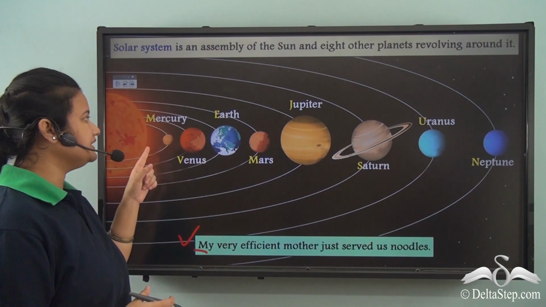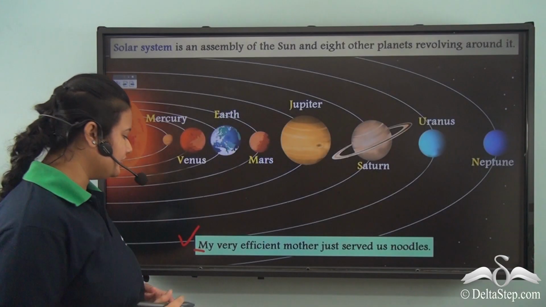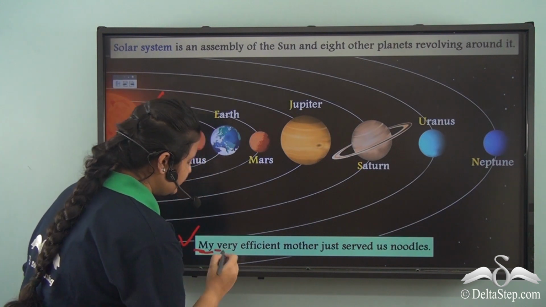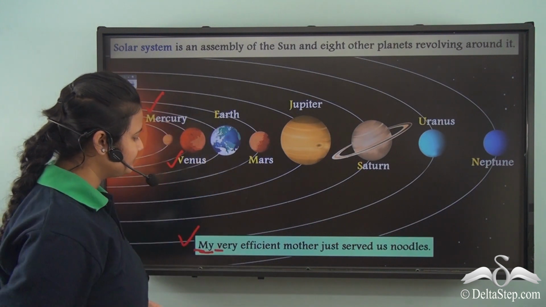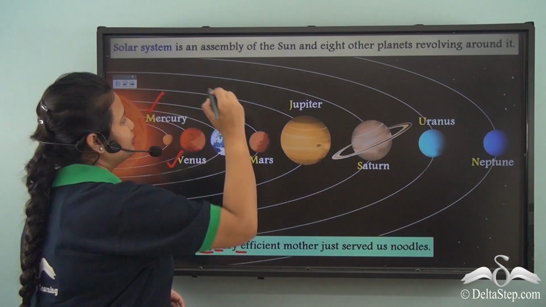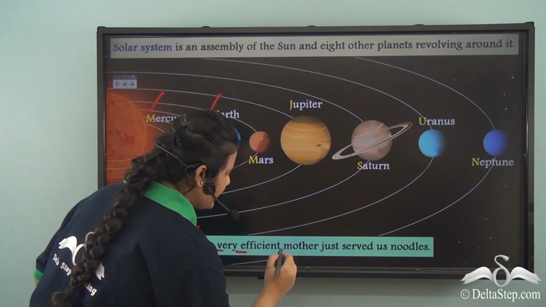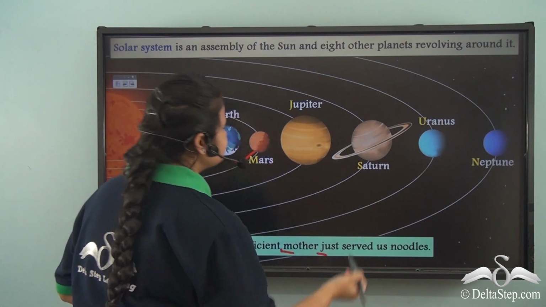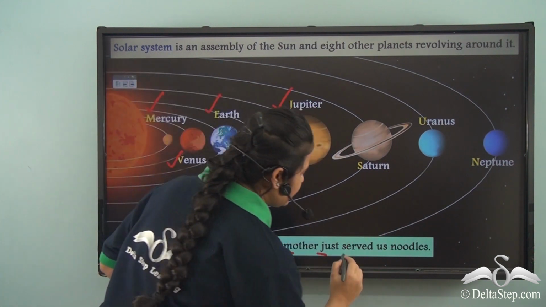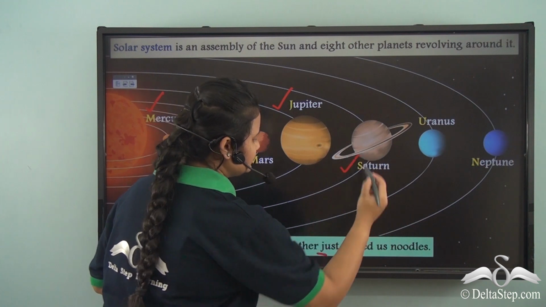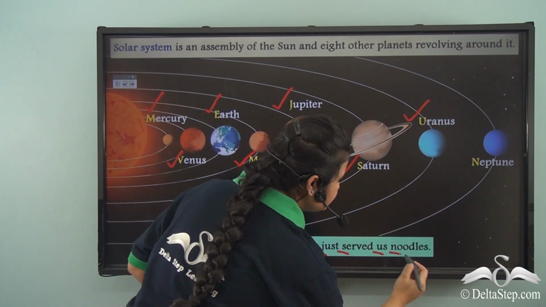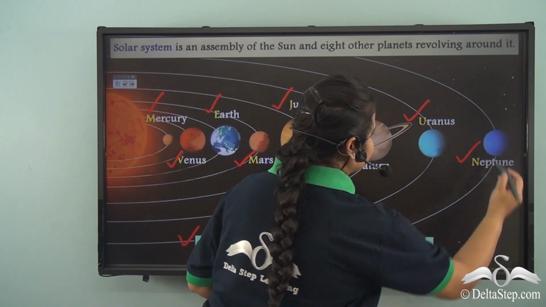to identify the planets. Just see here, M stands for Mercury, V stands for Venus, E stands for our Earth, M stands for Mars, J stands for Jupiter, S stands for Saturn, U stands for Uranus, and N stands for Neptune.